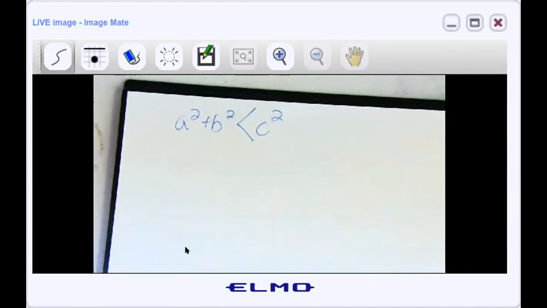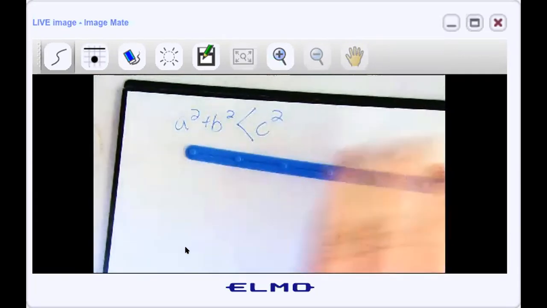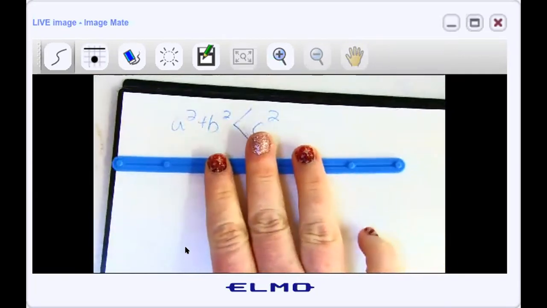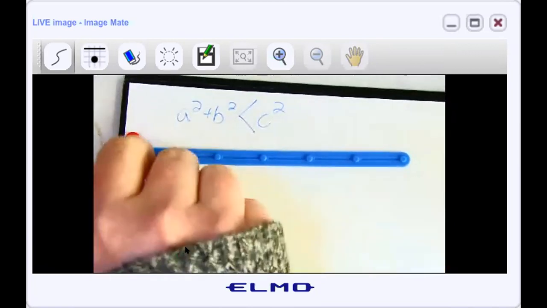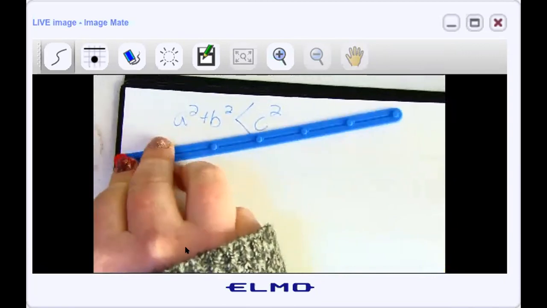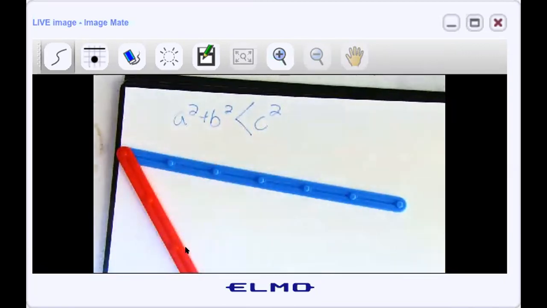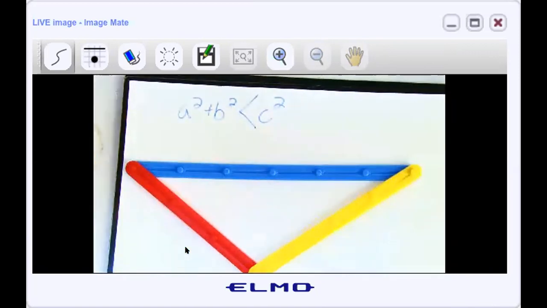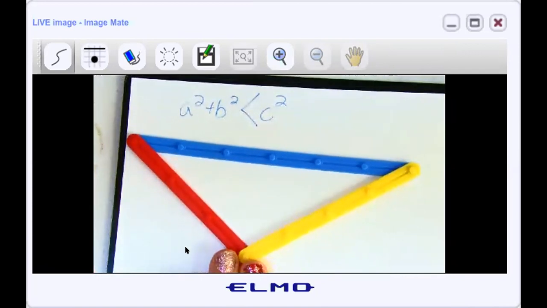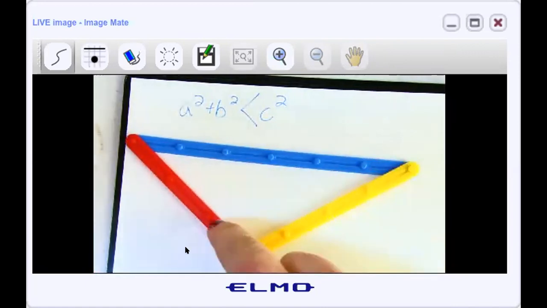So if I imagine a triangle that just has this big old c squared, a big old third side, and the other 2 sides are smaller, just look at what kind of triangle this ends up looking like. See, when you have one side that's really big like that, you end up with an obtuse triangle, because if this side's so big, that means that this angle's got to be big.